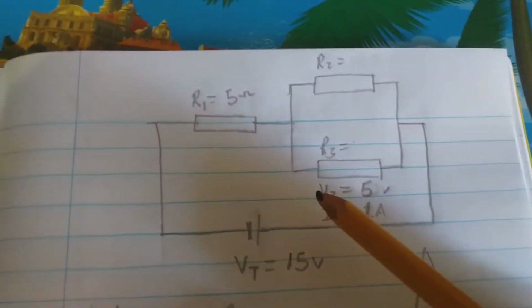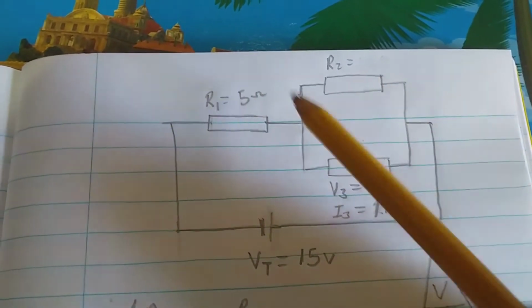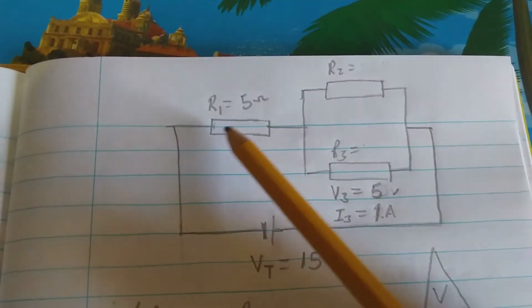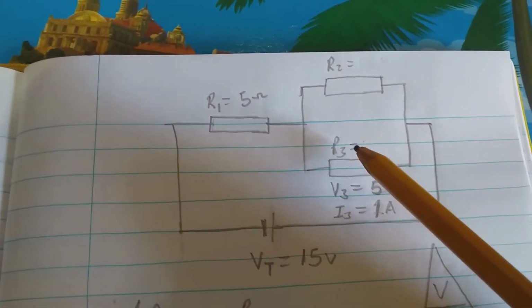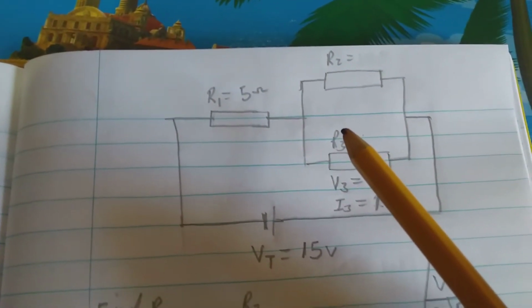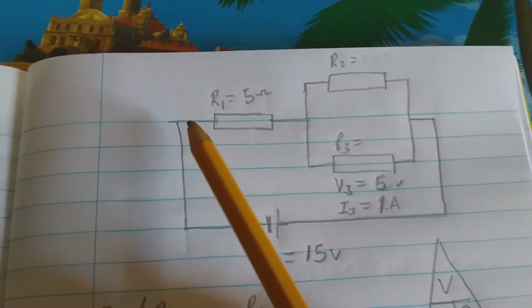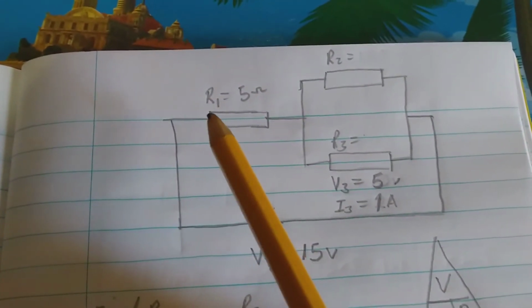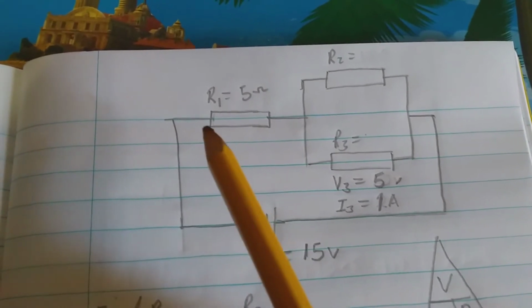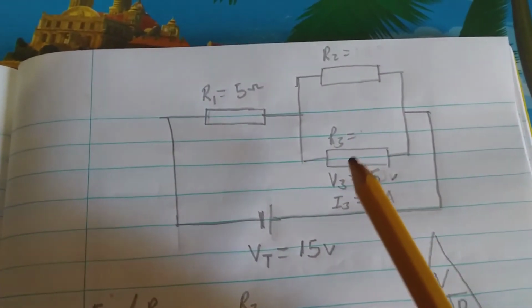Now in a parallel circuit, the voltage on this side is constant, but this R1 is in series with the parallel branch. So we need to apply the voltage characteristic of a series circuit. In a series circuit, the voltage divides among the resistors in the circuit. So the voltage is going to divide among R1 and the parallel branch.